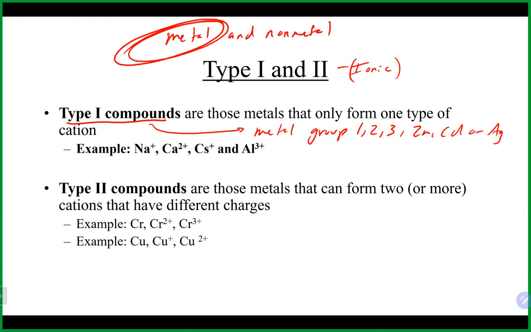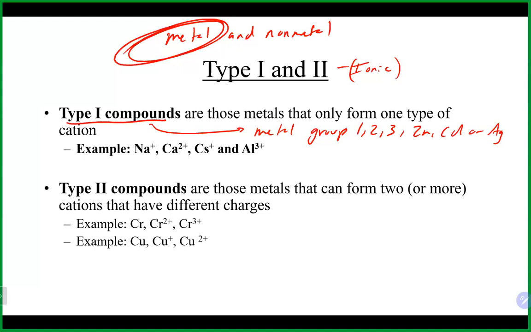Type 2 compounds are, again, the metal is really the most important thing. And in type 2 compounds, the metal falls in the transition metal region, or it's just to the right, again, underneath the staircase where you have things like lead and tin.